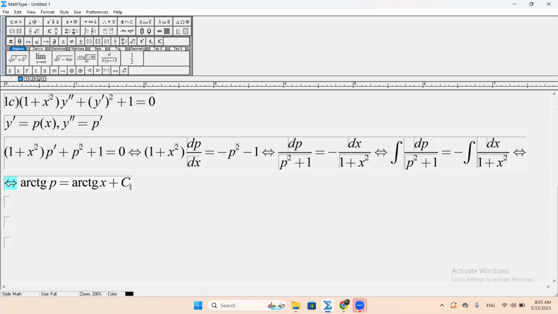Now let us explicitly express p. So p will be equal to tangent of arctangent x plus C1.